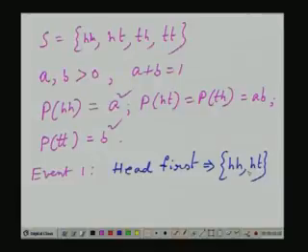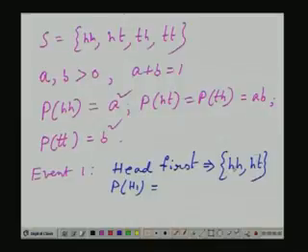What is the probability of event 1? Probability, I can call it say P(H1), H1 stands for event 1, that will be what? Since they are mutually exclusive, I mean these two, either this can happen or this can happen, they cannot happen together. So, what is the total probability?